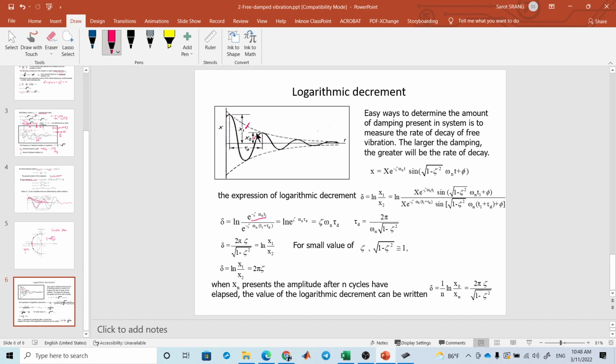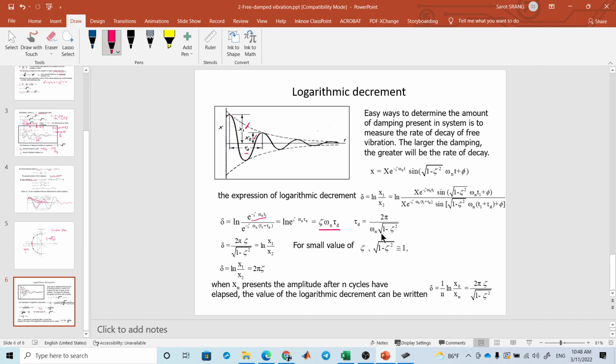local maximum from one to another, with the period tau d. So we just want to compute this ratio, and take the logarithm to eliminate the exponential term. And finally, you just have this term, zeta omega n times tau d.